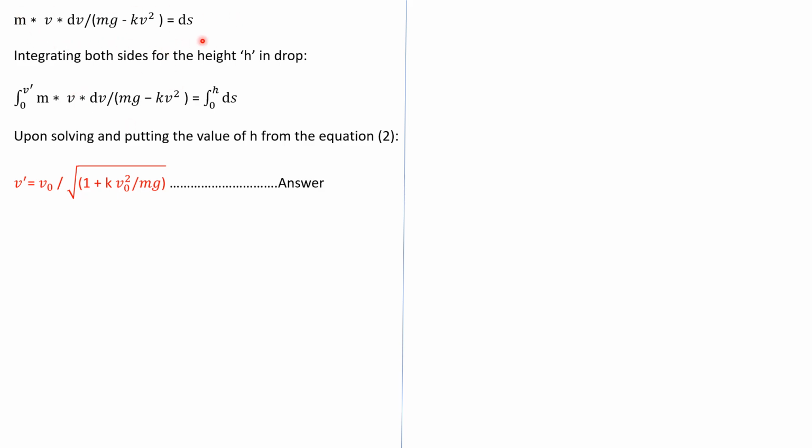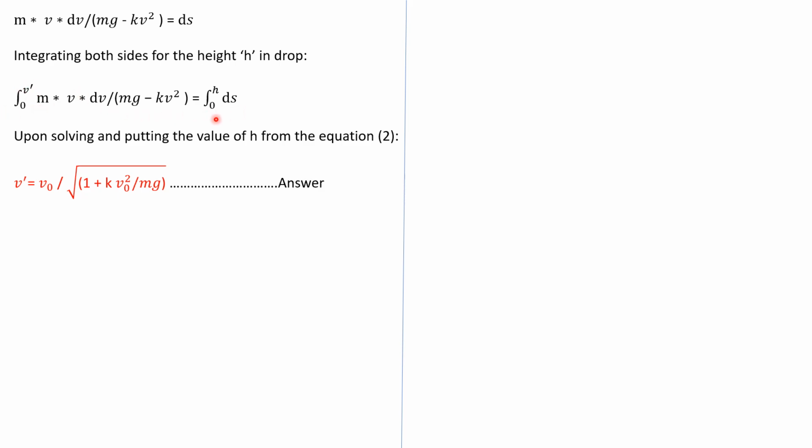Now we will integrate both sides. v at the top was 0, from where it starts falling down, and v dash is the velocity at the position from where it was thrown up.